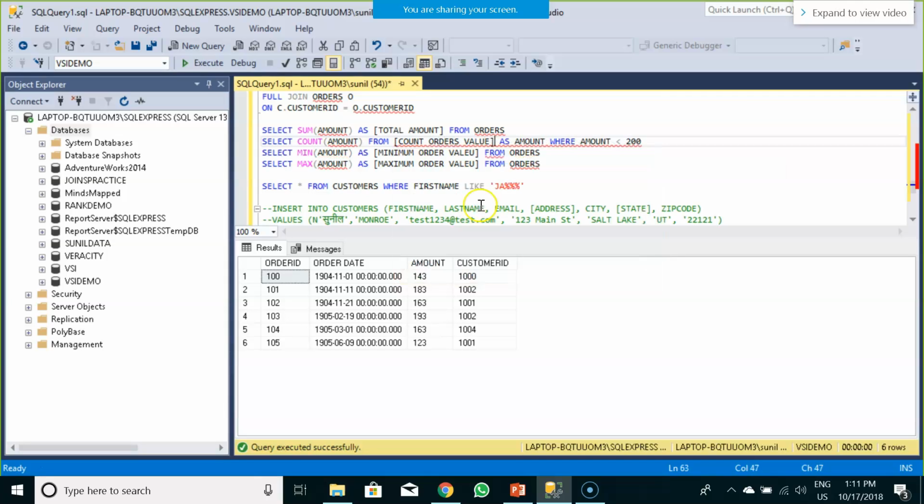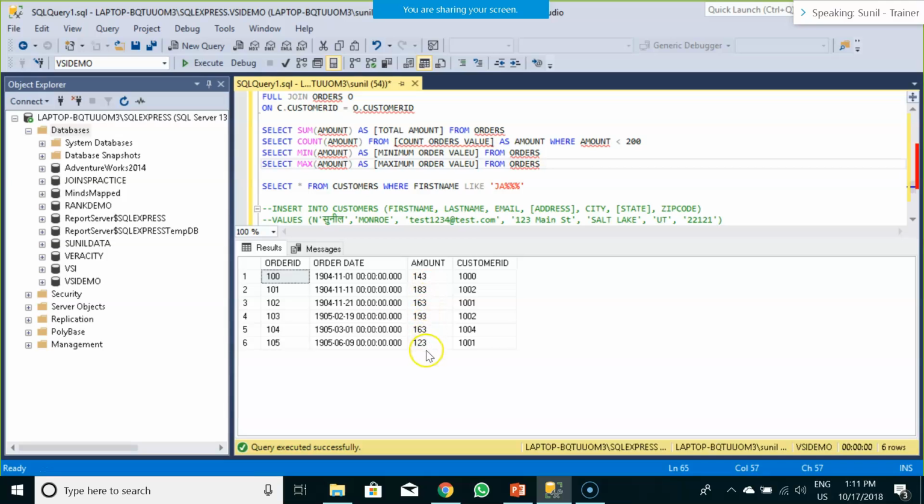Let me name it this way. So this would be the name of the temporary column that I am creating, and in that temporary column it would give me a count of the number of orders which are less than 200.